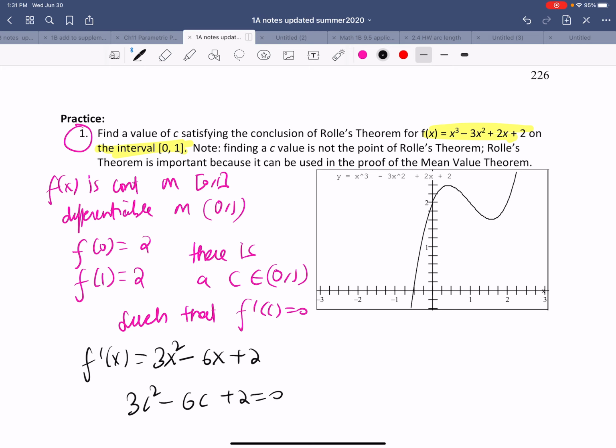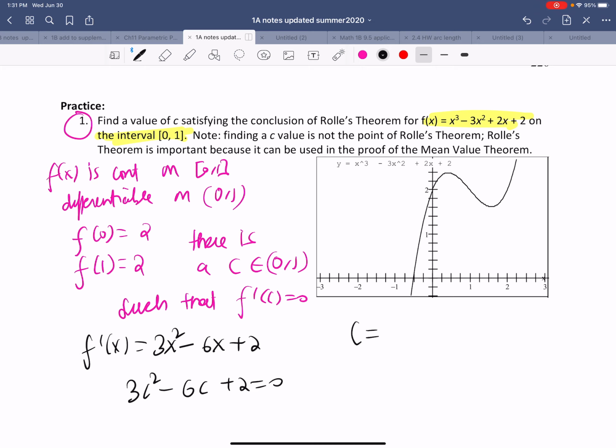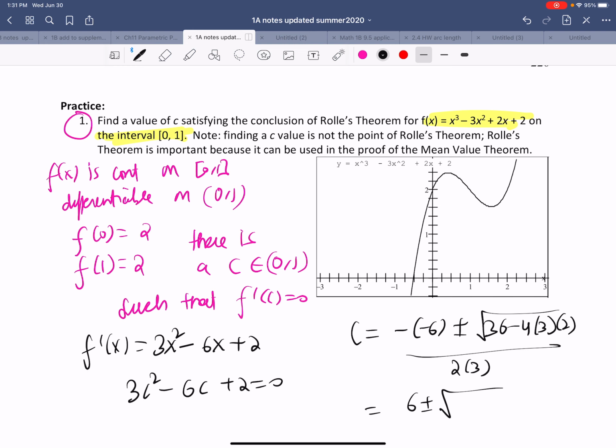It doesn't look like it's factorable, so I'm going to use the quadratic formula: negative b plus or minus the square root of b squared minus 4ac, all divided by 2a. That gives 6 plus or minus the square root of 36 minus 24, over 6. Using the calculator, we get two values, 6 plus root 12 over 6 and 6 minus root 12 over 6, one with the positive sign and one with the negative sign.